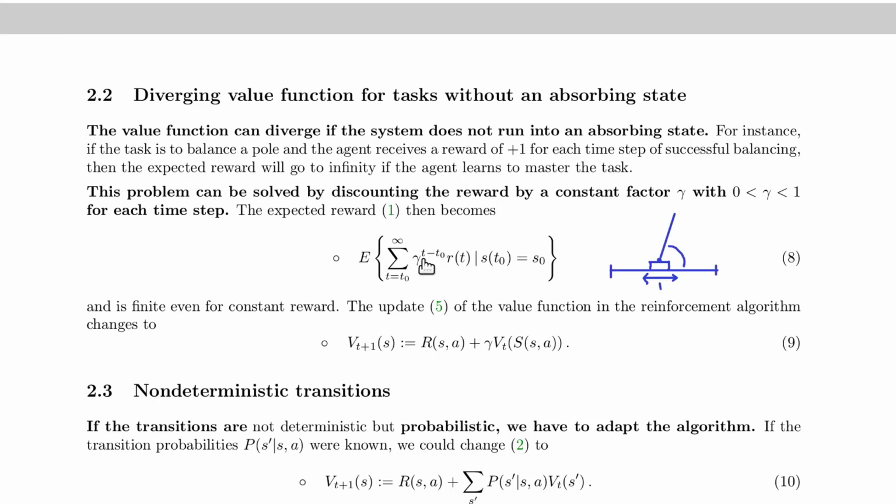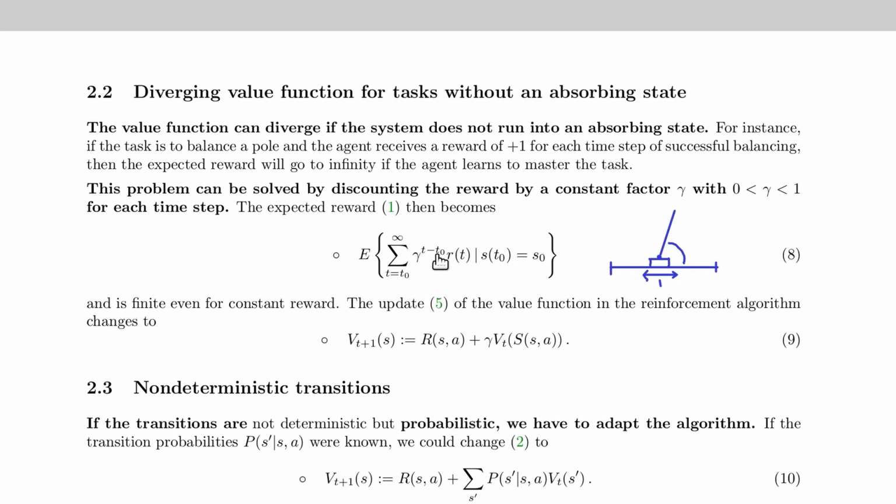As t goes to infinity, the exponent becomes larger and larger. t0 is the current time step, and you can imagine that if gamma is a factor between 0 and 1, then with this exponent, the reward in the very far future would not count anymore, basically. So this is a way to well define expected reward if you have an environment with no absorbing states.